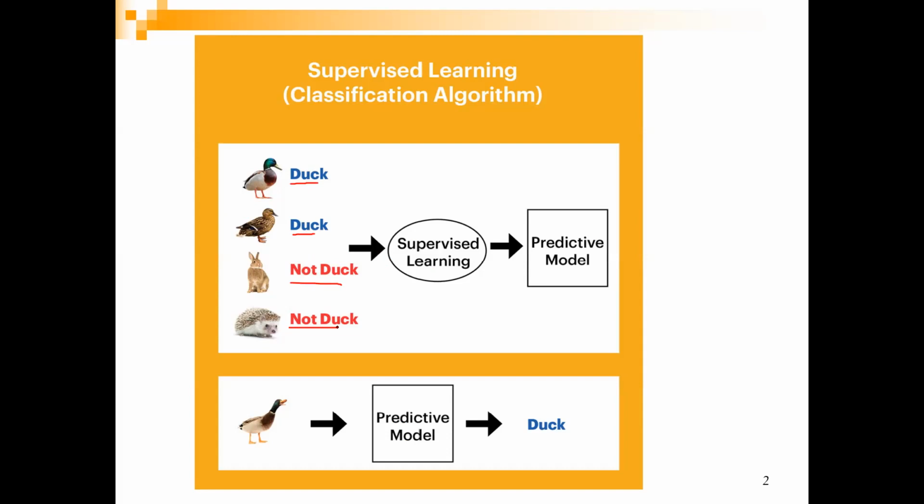And then what you do is you take it to something called supervised learning. Don't worry about what supervised learning is right now. But then what comes out is a computer program, which is also called a predictive model.